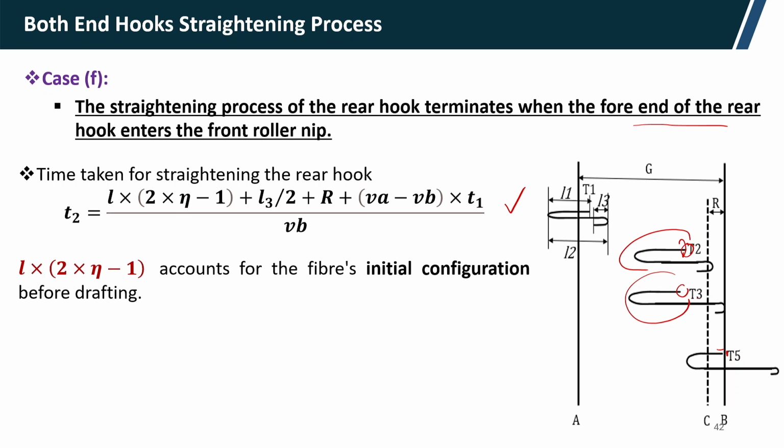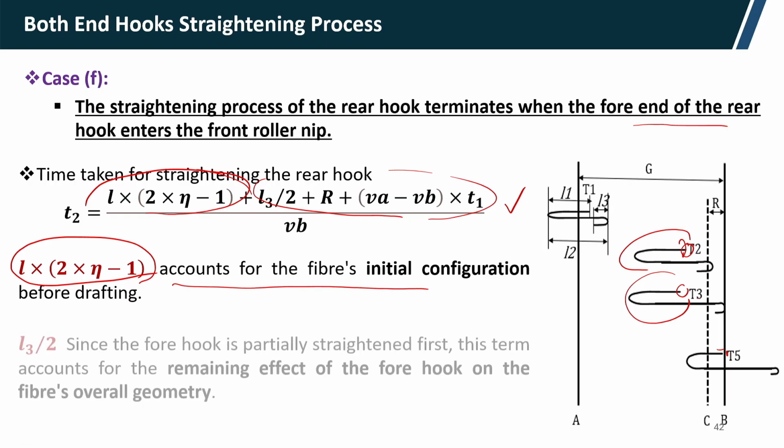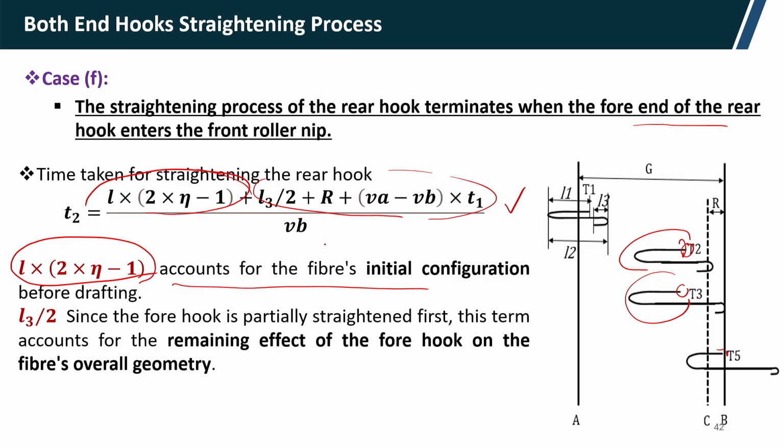where this 2 L multiplied by 2 eta minus 1 is the first part and this one is the second part. So, this accounts for the initial configuration before drafting, and L3 by 2, since the fore hook is partially straightened first.